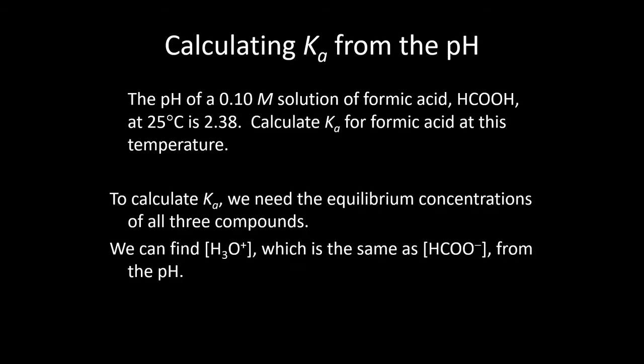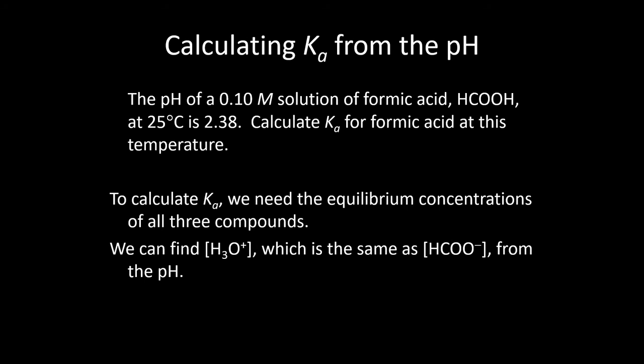So to calculate Ka, we need to know all three of those concentrations. We need to know the concentration of H plus, the concentration of the conjugate base, and the concentration of the original acid. Thankfully, because we're given the pH here, we can find the concentration of H plus, because that is literally where we get the pH from, the concentration of H plus at equilibrium.